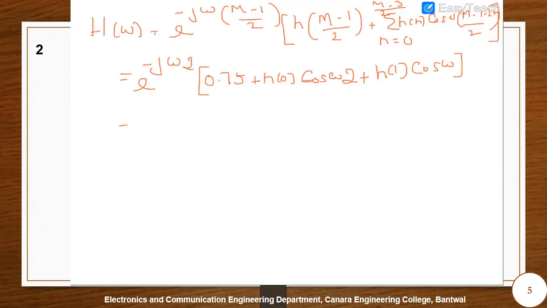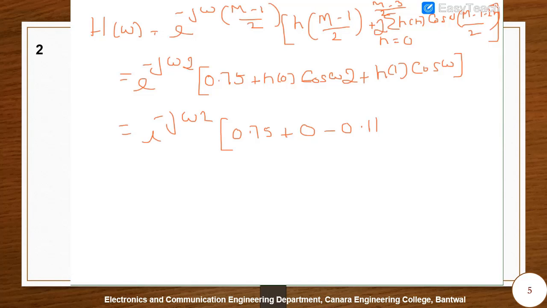So further you can simplify this: e to the power minus j omega 2, 0.75, h of 0 is 0 and h of 1 is minus 0.1125.